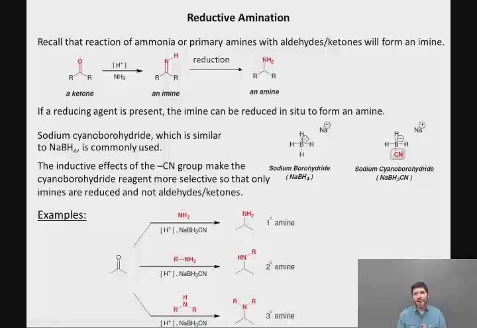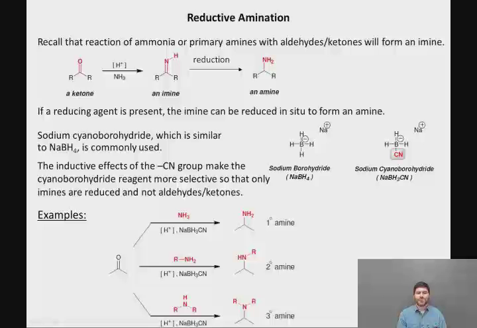So you have the hydride source, you have the amine, you have the acid, and you have the aldehyde or ketone, and you just mix all of them together in the same reaction flask. Doesn't matter what order you put things together, and that gives you the amine products that you want. So some of the examples I have depicted on the slide here, if you use ammonia as your amine, you will get a primary amine out of this.